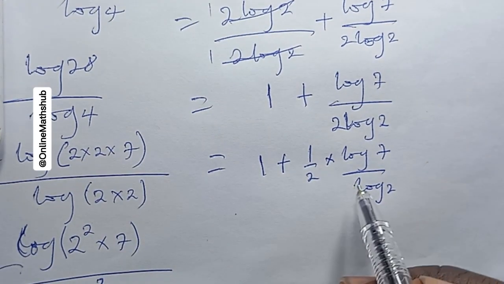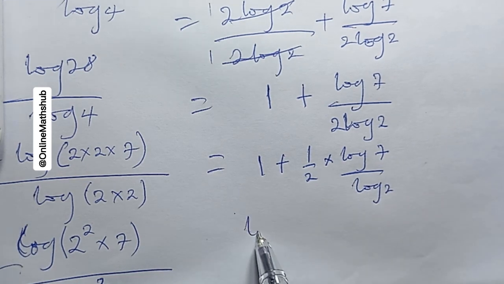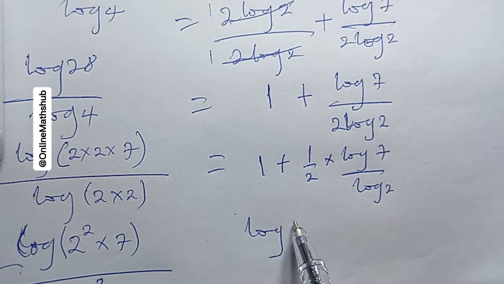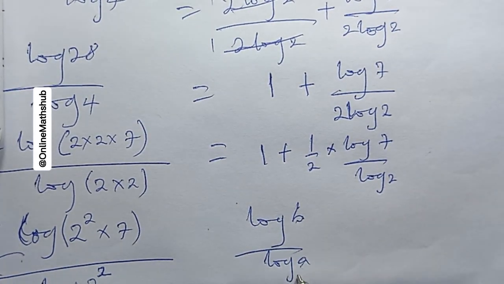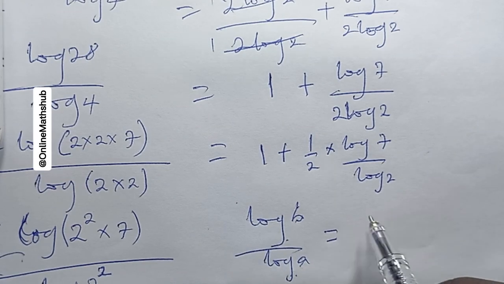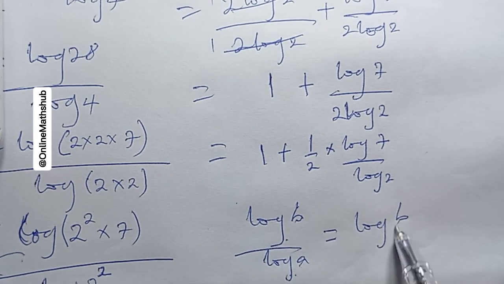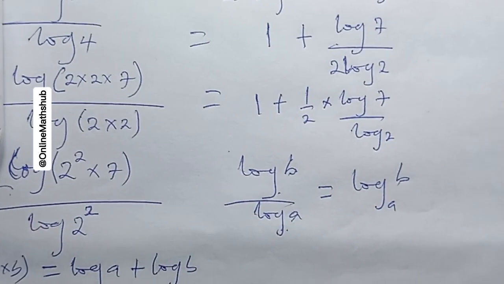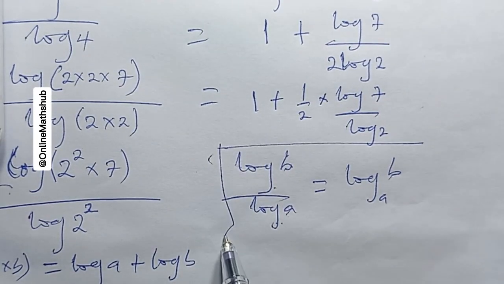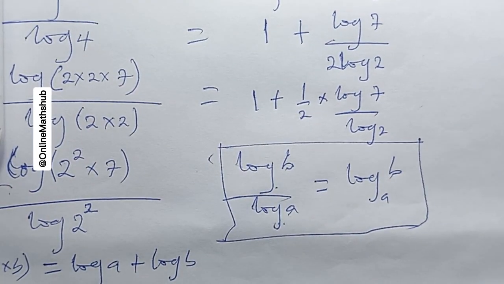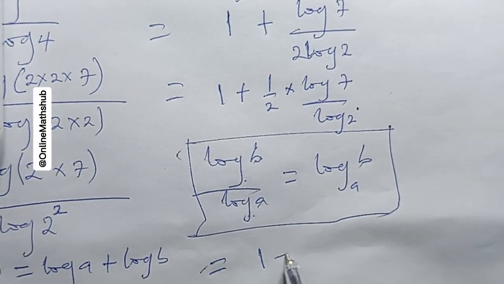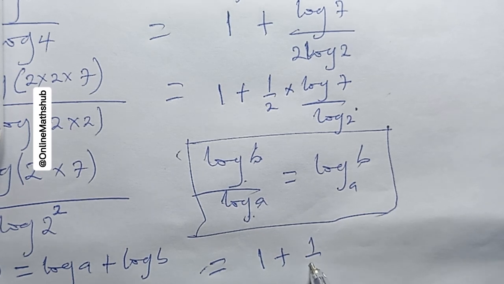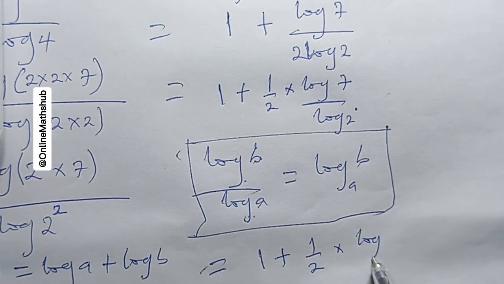Okay, and that being the case, if you remember, if you have log b divided by log a, since they have the same base, you can actually write this as log b base a. Okay, so that's actually how you change the base of logarithms. So what we have here will now be equal to 1 plus 1 over 2 multiplied by log 7 base 2.